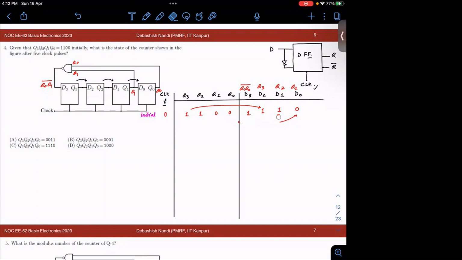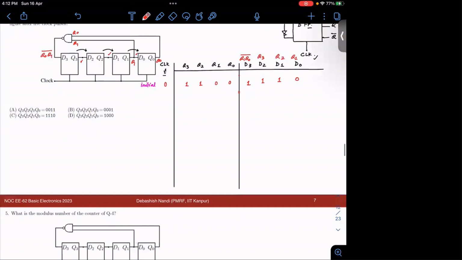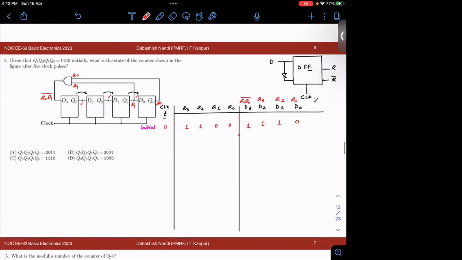Because initially your D will be computed, right? These things will be computed. D will be whatever you have in your Q1, Q2, Q3, and Q0. But your Q will not be computed unless you have a clock pulse. That means when the clock is high, only then will your data be transferred from D to Q. Fine.